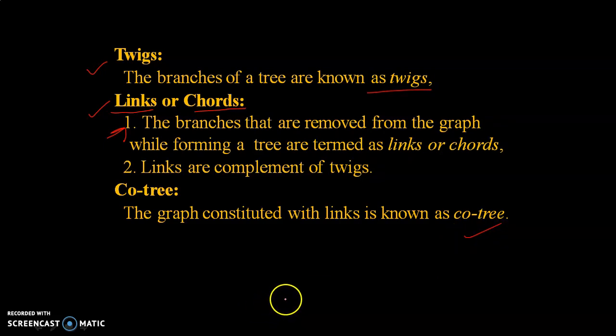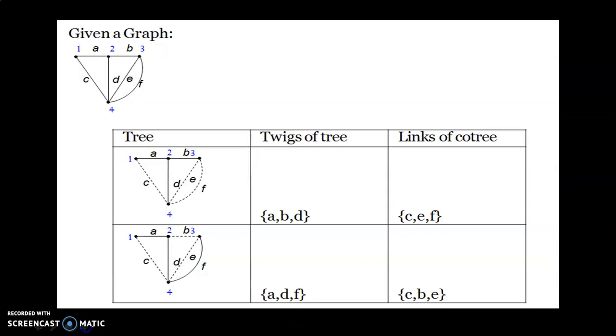This is so simple. See this? This is our given graph. This is node 1, node 2, node 3, and node 4. So a tree should have all the nodes 1, 2, 3 and 4.